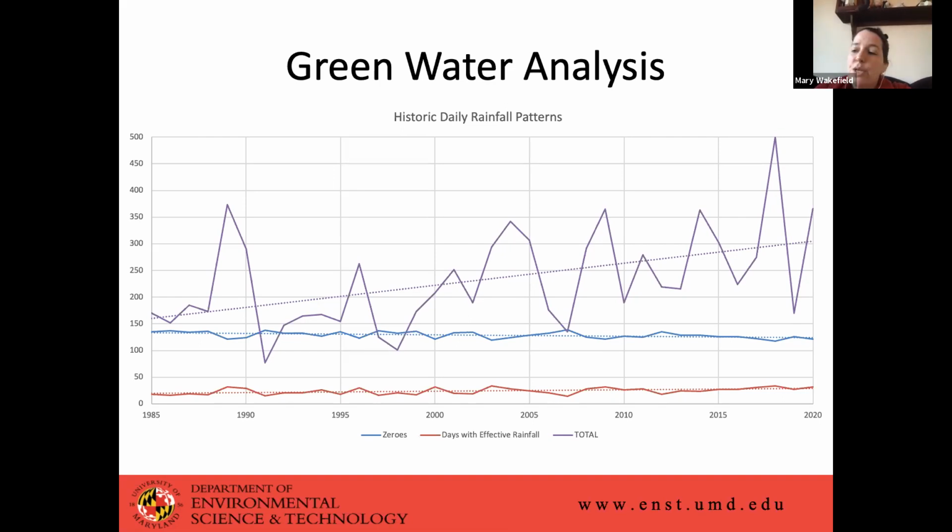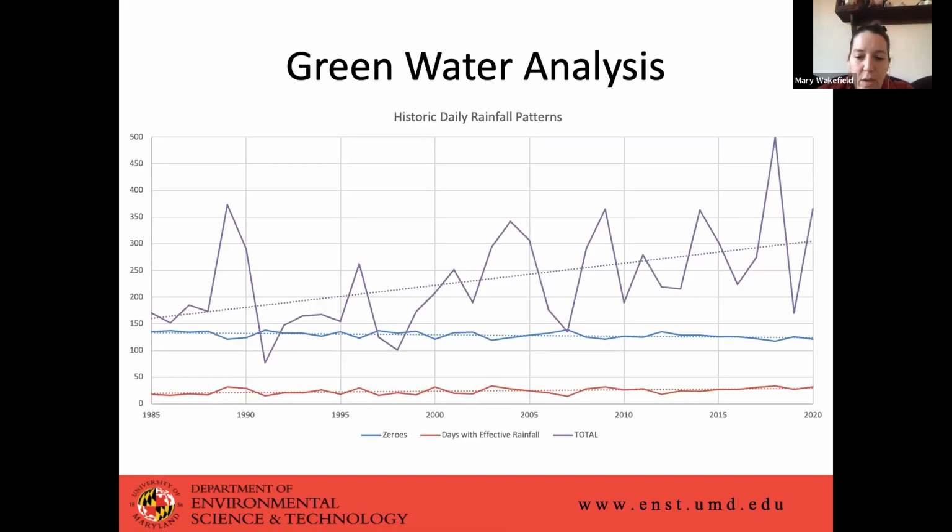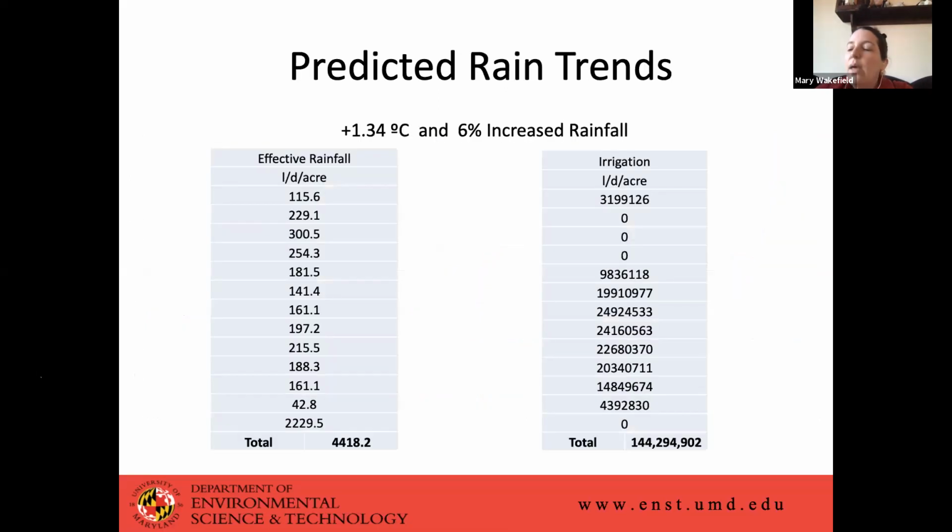The other thing to note here is that because we're getting more rain, but it's not coming on more days, going back to the idea of being able to calculate your effective rainfall day over day means that you've got a better chance of really honing in on what days and times you're going to want to irrigate. Okay.